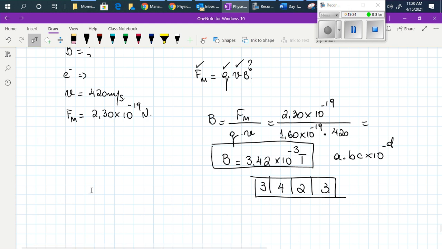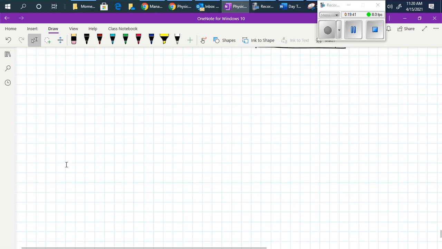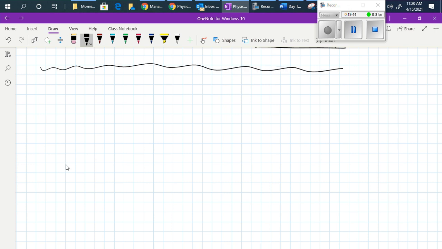Let's see now, when we have an alpha particle that is entering into a magnetic field that is going up with a magnitude of 30 millitesla, and the velocity of the alpha particle is going up as well, and it is 500 meters per second.